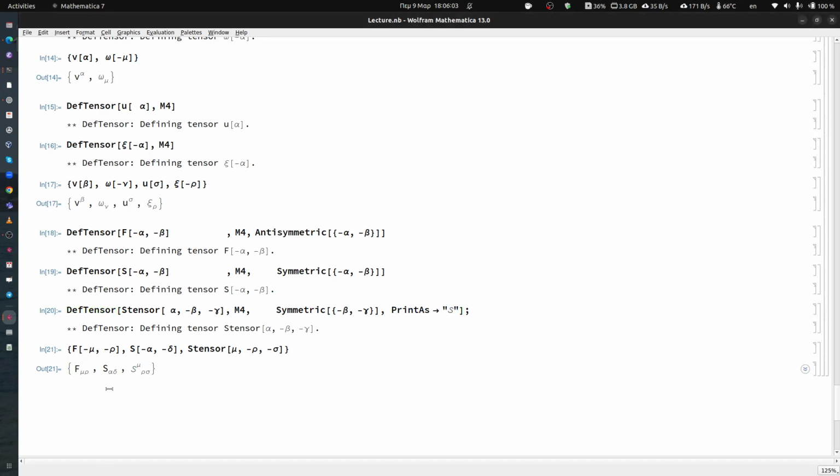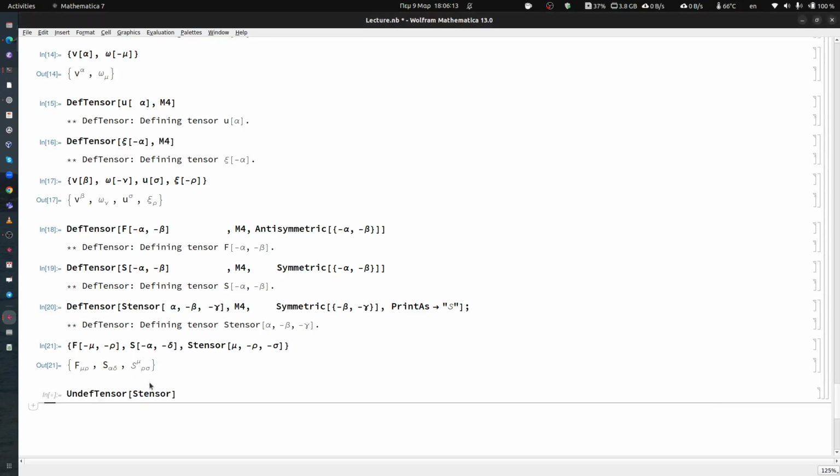If we don't want to use a tensor anymore, we can use the function UndefTensor to delete its definition. So now xTensor is not available anymore. We can define other objects too that are necessary for our calculations. For example, we can define constants.